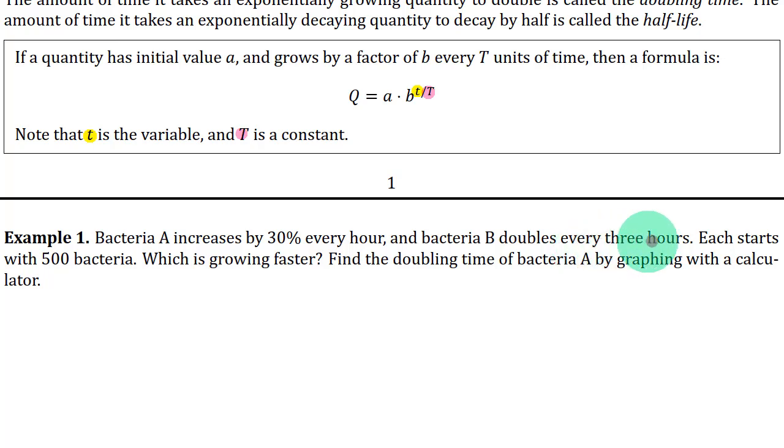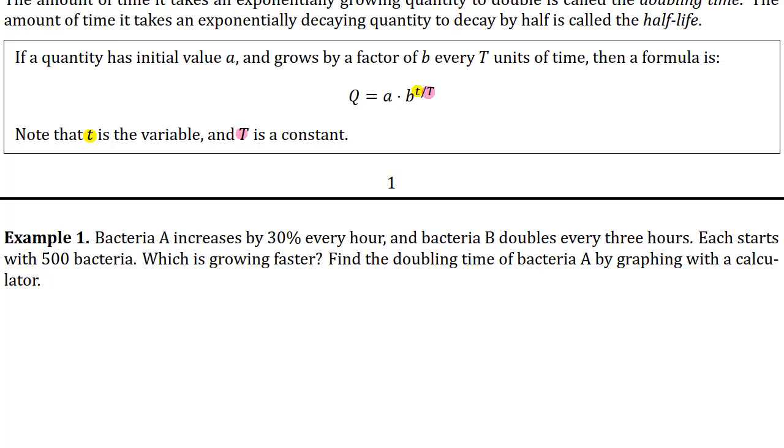Bacteria B doubles every 3 hours, so you might be thinking that, well, if bacteria A increases by 30% every hour, then in 3 hours, is it going to increase by 3 times 30%, or 90%? If so, that's less than doubling, because doubling is the same thing as increasing by 100%.